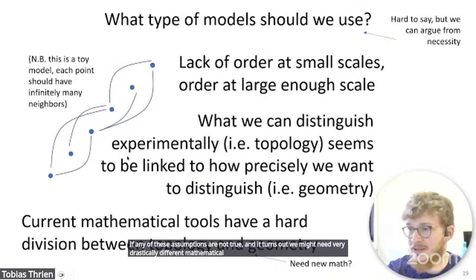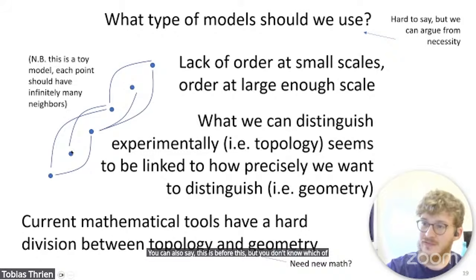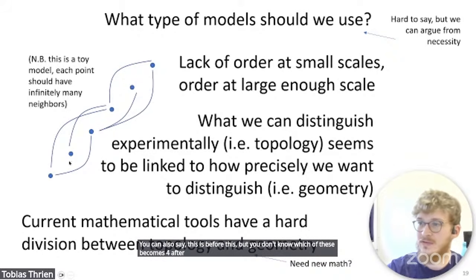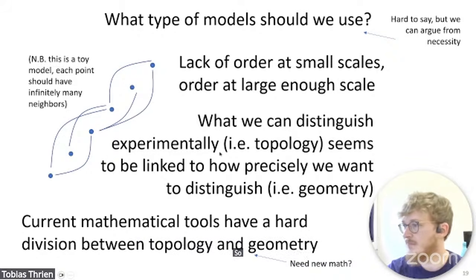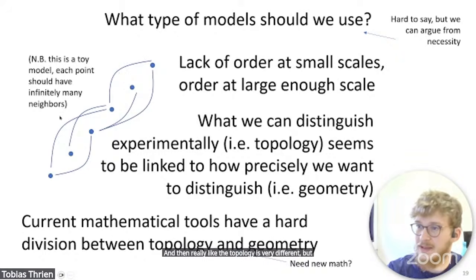So you might imagine that you have references, and you can say this is still before this, this is still before this. You can also say this is before this, but you don't know which of these becomes before or after the other one. And then really the topology is very different.